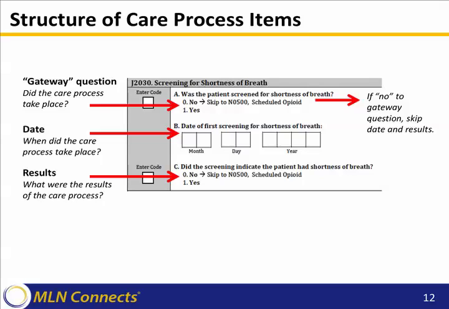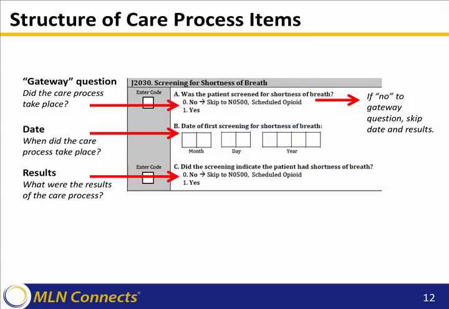If a screening for shortness of breath did take place, the data collector would respond yes to J2030A and then complete parts B and C of the item as well. If no screening was conducted or there was no documentation of a screening, the data collector would respond no to the gateway question. In this situation, the gate remains closed and the data collector would not complete parts B and C of the item.